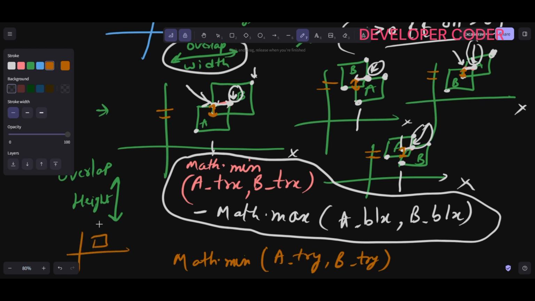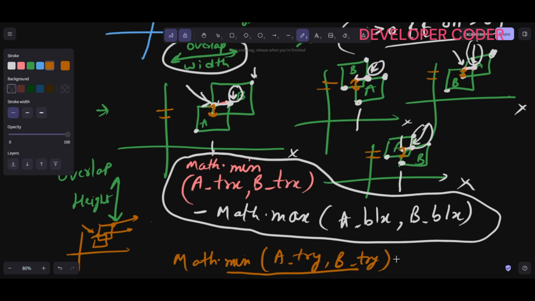Among them, I have to pick the minimum of y for the top positions. For these top positions, I have to find the minimum y, so that is how I'm writing the formula. I am finding the minimum of the top positions so that I will get this region.